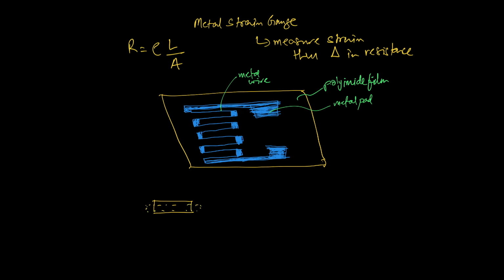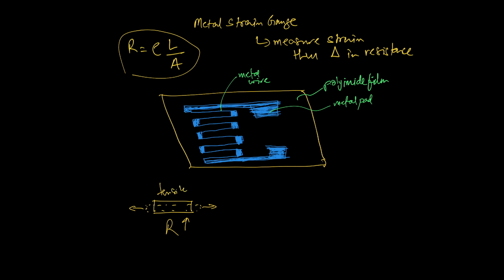So you're applying some tensile strain on it, not compressive strain, but tensile strain. You've made it longer and you've reduced the cross-sectional area. What's going to happen here? Well, the equation right here in front of you is going to say that in this situation, resistance is going to go up in the case of a tensile strain, right?